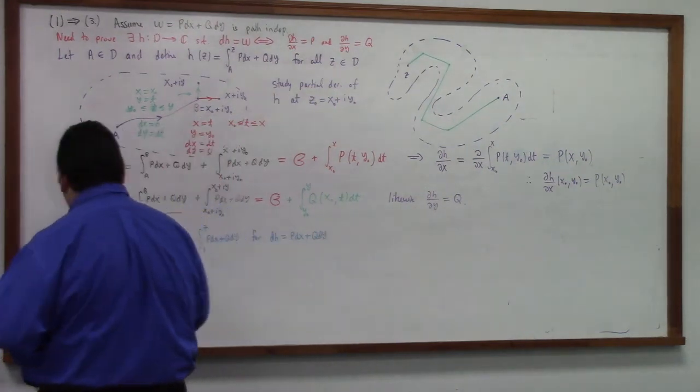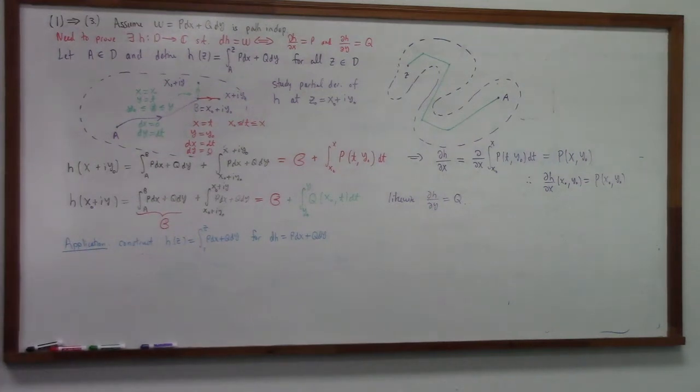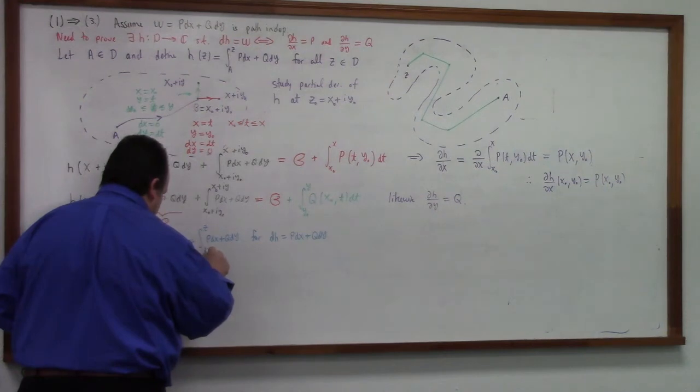So if we want dh to be p dx plus q dy, we can just set up h as the integral from, I said 1, but I should say a.